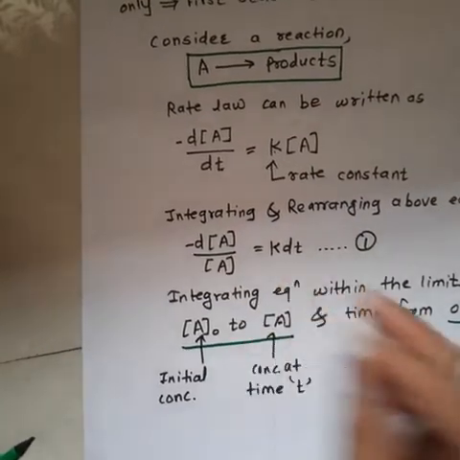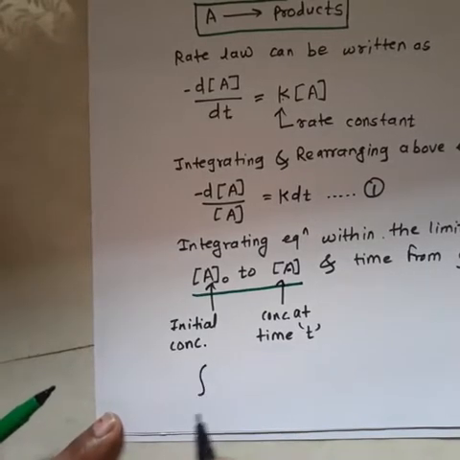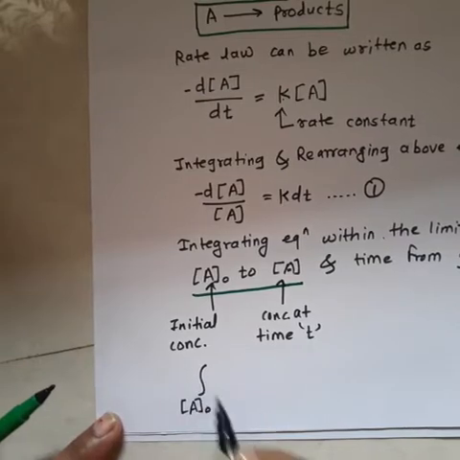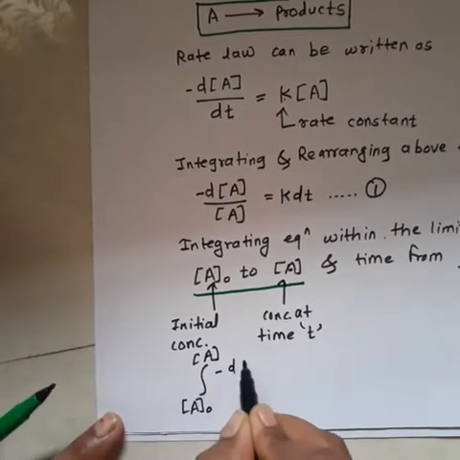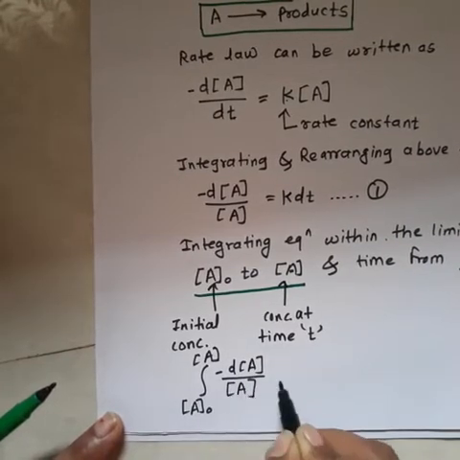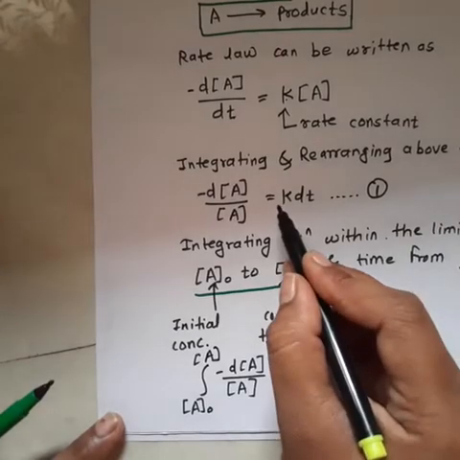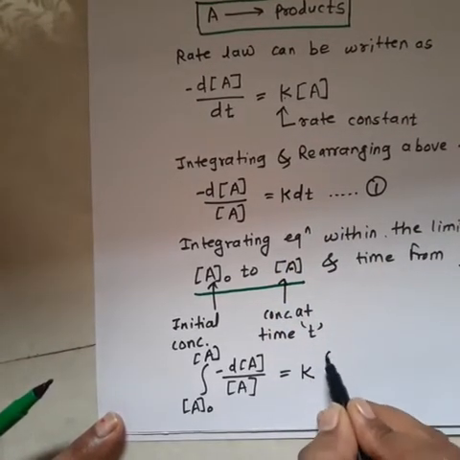If we integrate this equation, what do we obtain? The integration of minus dA upon A, with limits A0 to A, is equal to k into the integration of dt with limits 0 to t. Here k is a constant, so we take it outside the integration sign.